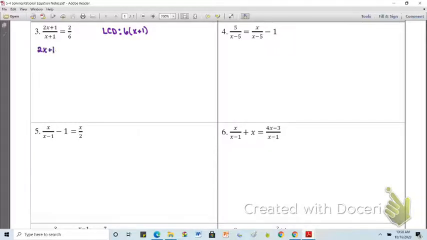So 2x plus 1 over x plus 1 times 6 times x plus 1 equals 2 over 6 times 6 times x plus 1. Reduce. The x plus 1's cancel out. Leaves me with 2x plus 1 times 6. And over here my 6's cancel. Leaves me with 2 times x plus 1.